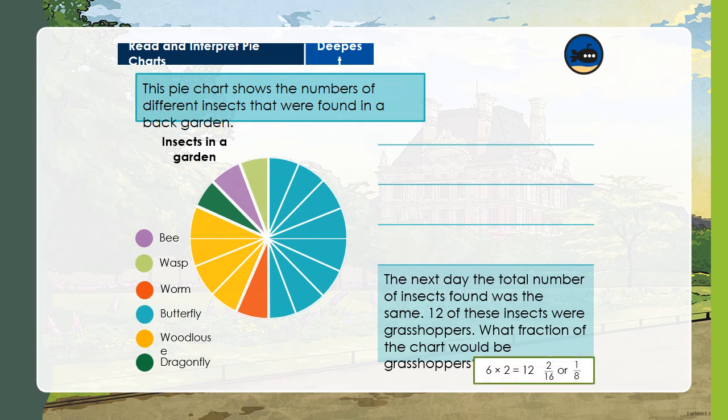So 12 out of 96 can be simplified to 1/8, because 12 divided by 12 is 1 and 96 divided by 12 is 8. But if you've got any other equivalent fractions, you are correct. So if you've got 2/16, or if you just kept it as 12 over 96, you're not wrong. But you could always simplify it, and always try to simplify it when you can.